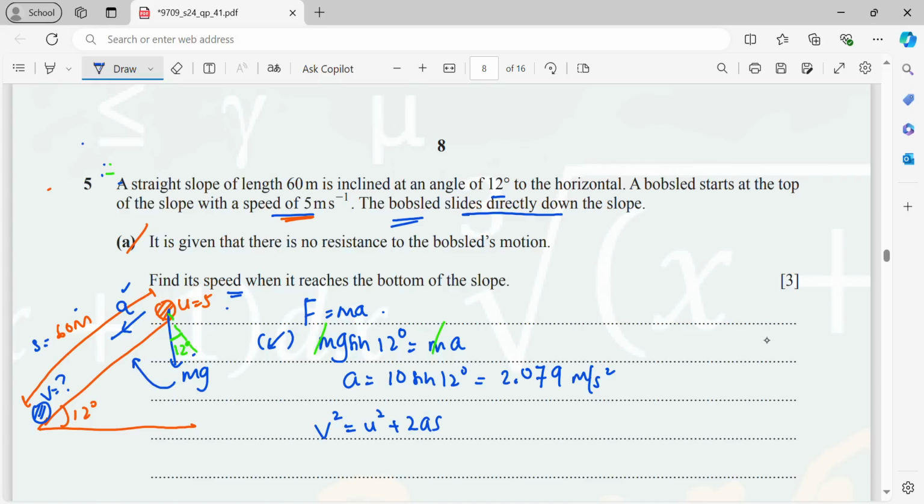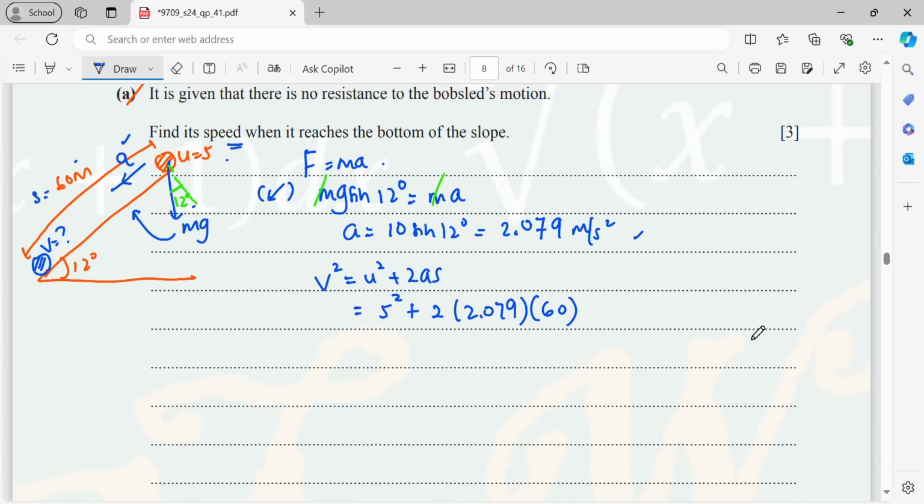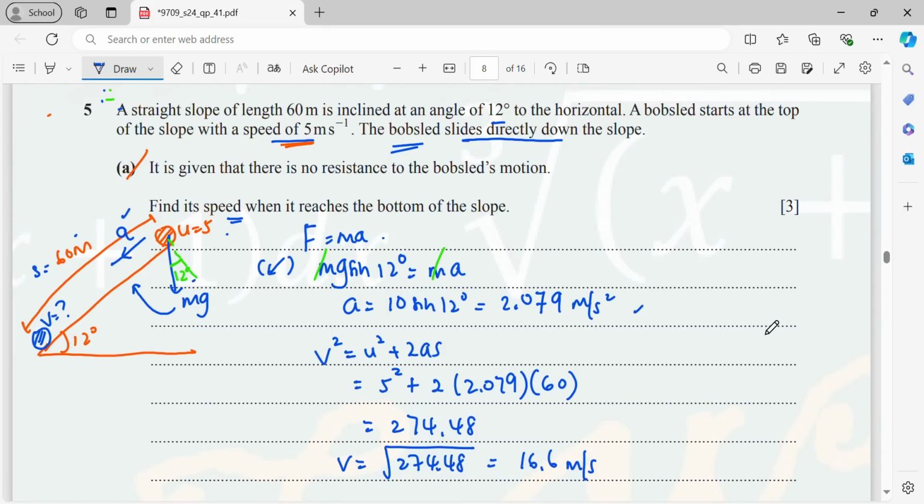So my final speed, v squared, equals 5 squared plus 2 times 2.079 times 60. From here you will get 274.48, hence my v is the square root of that value, and this is going to be 16.6 meters per second. So that is part A.